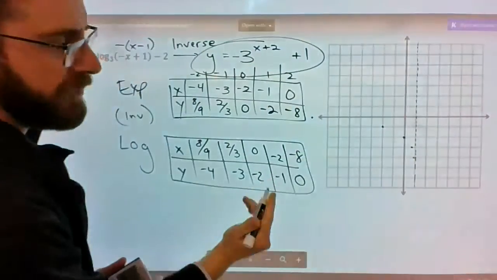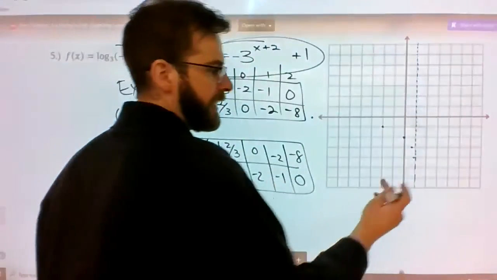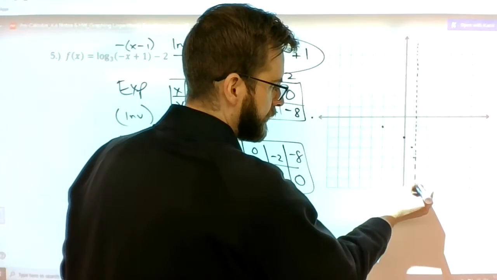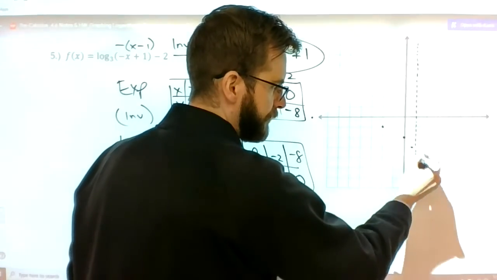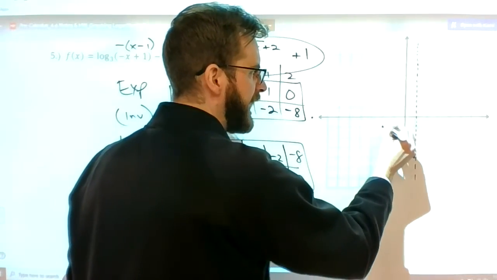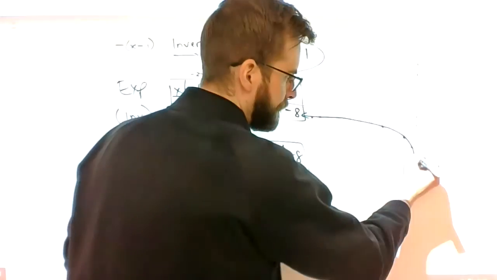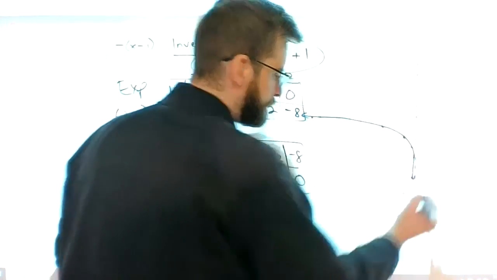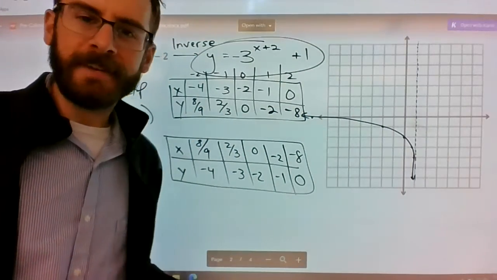And then the horizontal reflection, instead of coming up this way, it's going to move up that way. So this is what's happening. You're getting ever closer to that asymptote, but never crossing. And then you're just gradually moving upward from there.